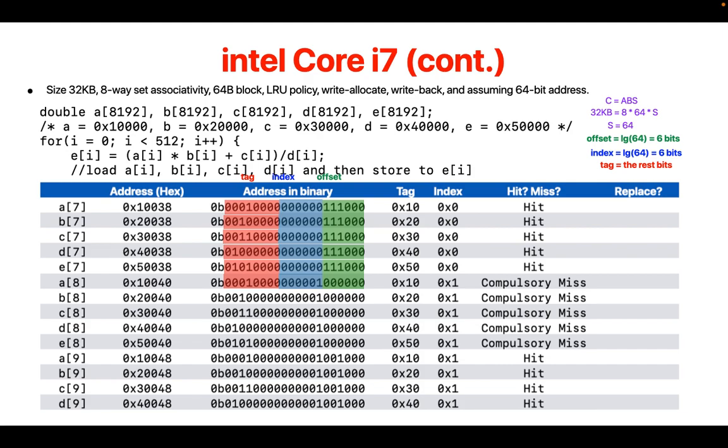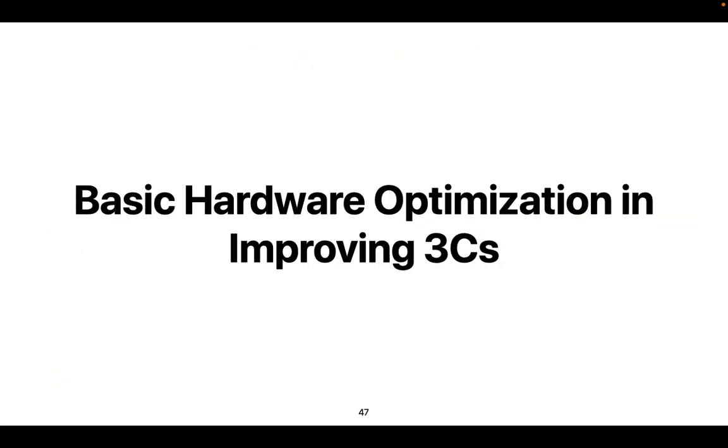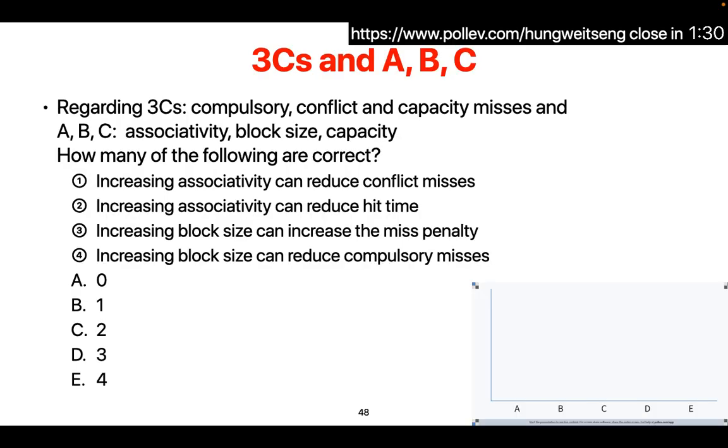That's why we need to know the cause of cache misses so we can take the right approach when we optimize our cache. So for this particular question, would you mind telling me what's the right thing to do to address each type of miss?